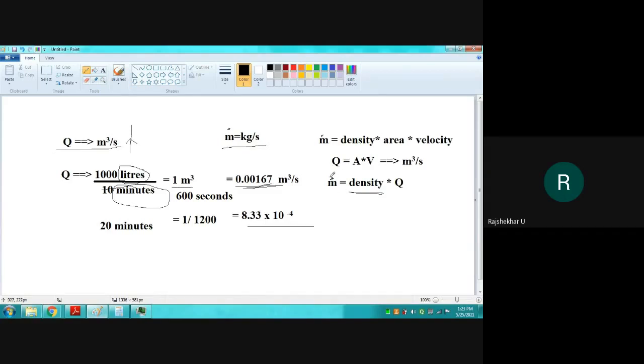Instead, we will use discharge or flow rate for liquid, especially water. But for gases like air, we cannot use the same thing. We have to use this mass rate of flow.